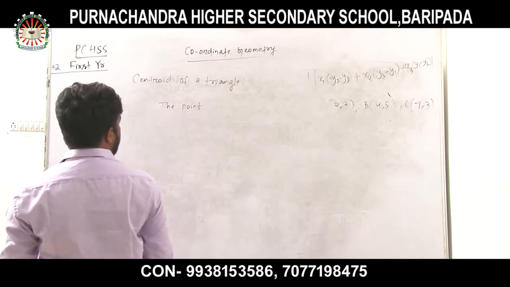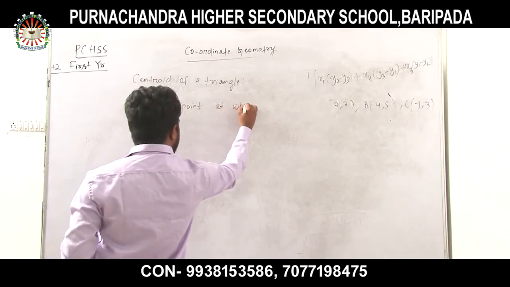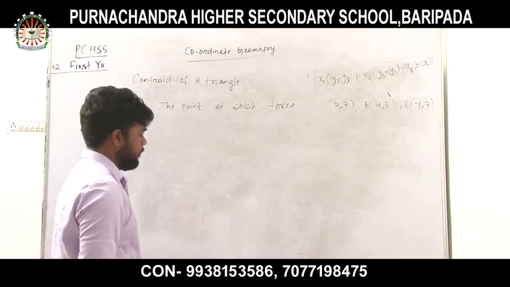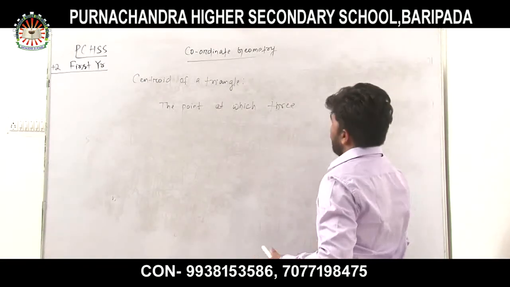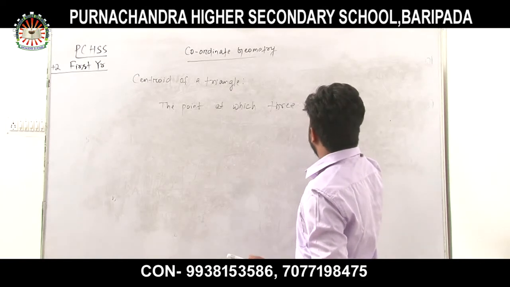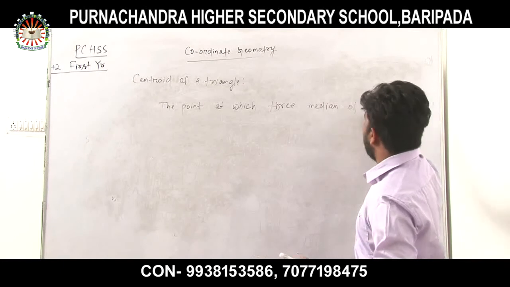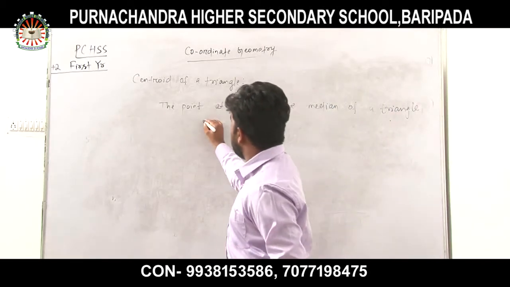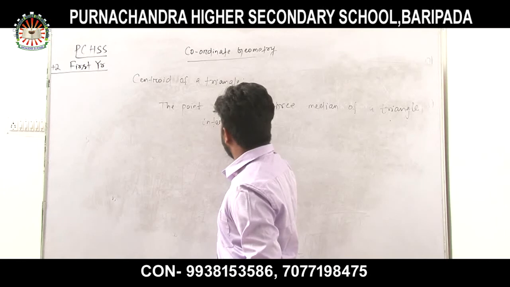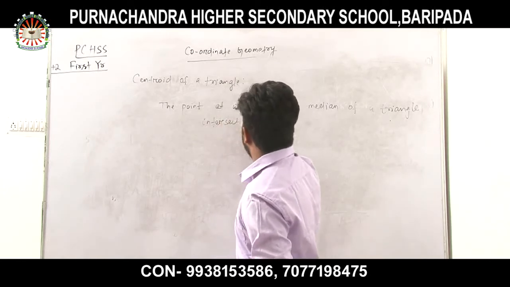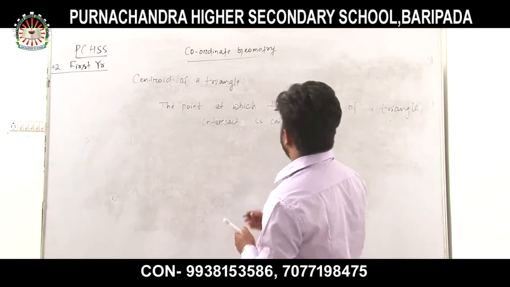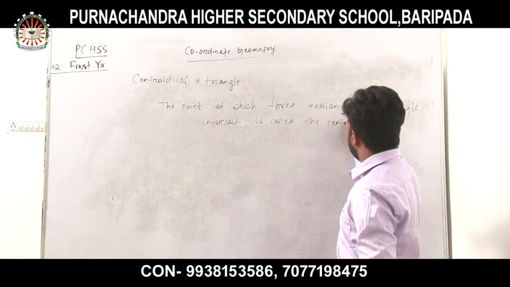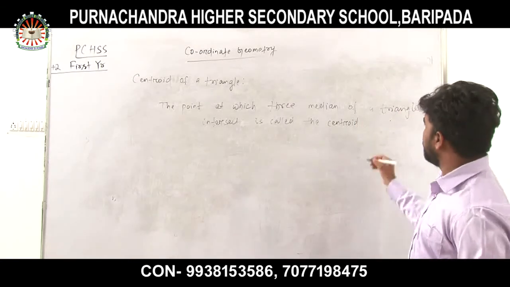The point at which the three medians of a triangle intersect is called the centroid.